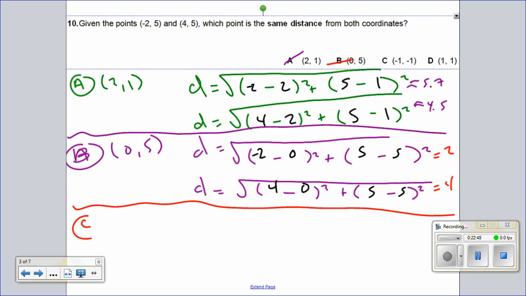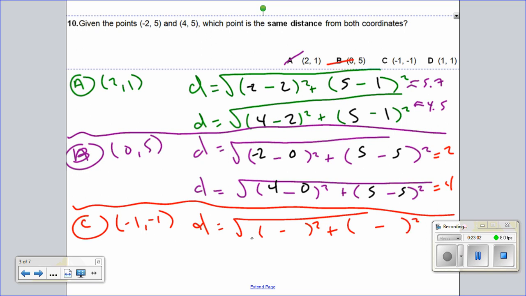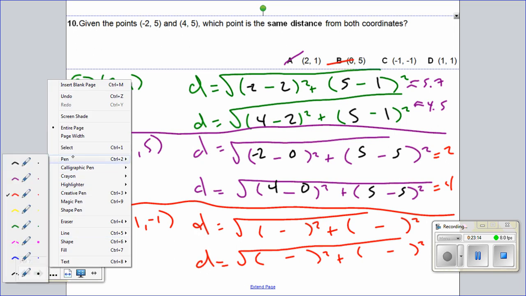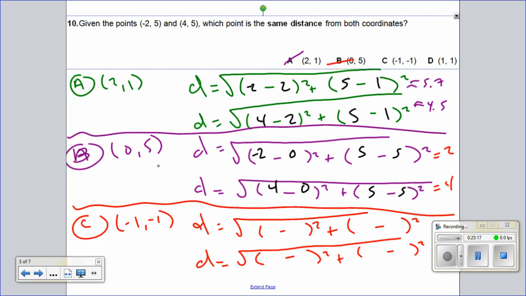Let's try C. -1, -1. Alright, so -2, 5, and -1, -1.